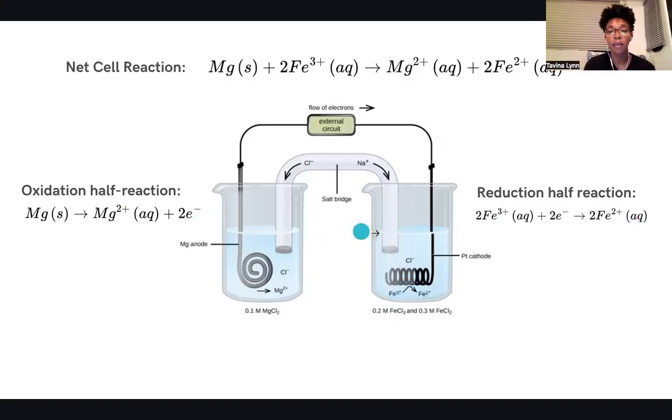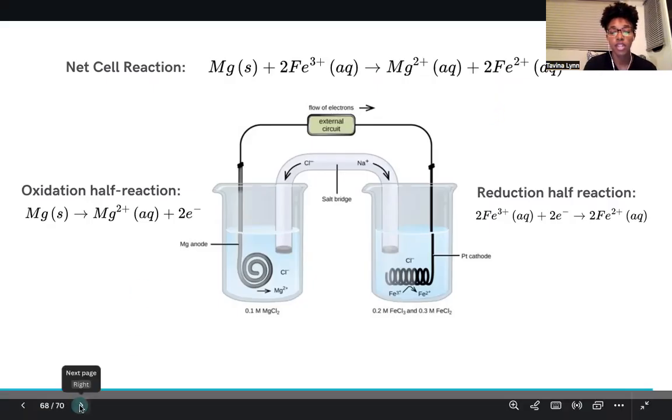When we combine both half reactions, this is our overall net cell reaction, where we have magnesium solid plus iron 3 plus. Our electrons cancel out, yielding magnesium 2 plus plus iron 2 plus.